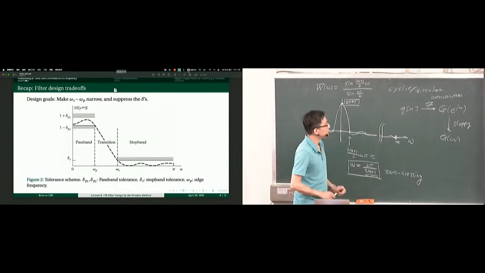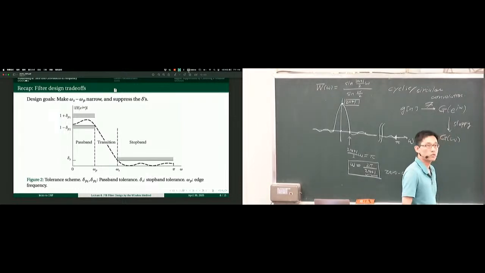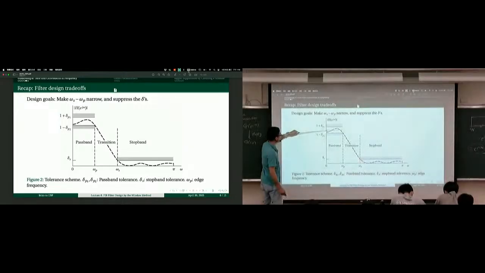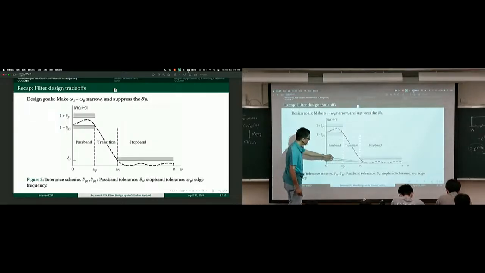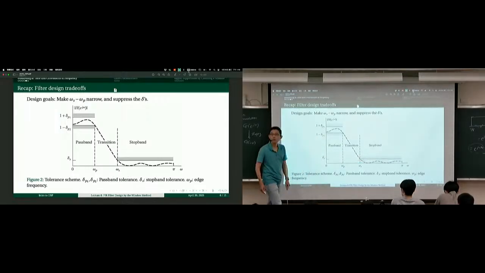But at this time, let's review generally the design criteria for a low-pass filter. When we design a low-pass filter, ideally we want to maintain a constant gain in the passband, then allow a transition, and when we reach the edge of the stopband, we want the gain there to be as small as possible.